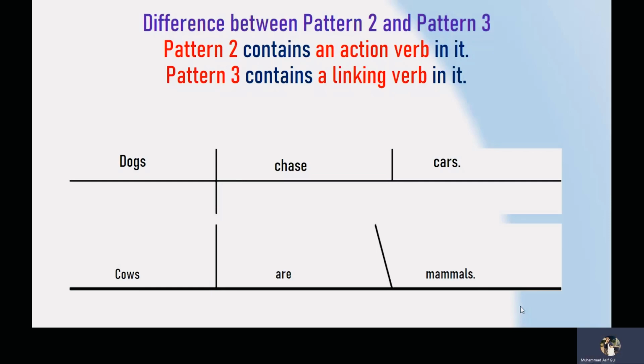A complement is a word. It may be a noun, as mammals is a noun. It may be an adjective which completes the subject, which talks about the subject. Cows are mammals. Mammals refers back to cows. So this is the difference between pattern 2 and pattern 3. Pattern 2 contains an action verb and an object, whereas pattern 3 contains a linking verb and a complement.